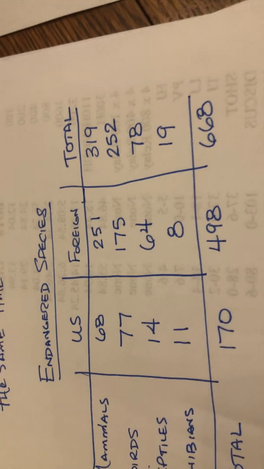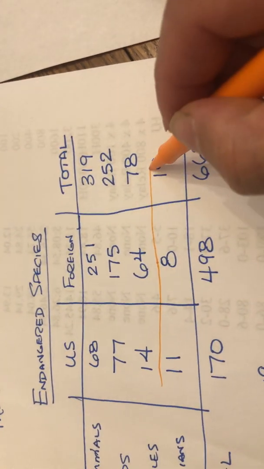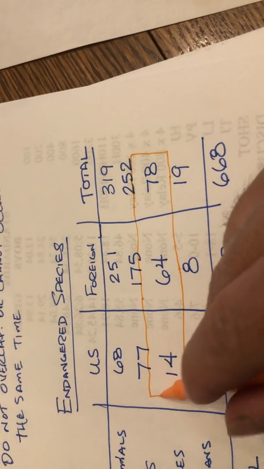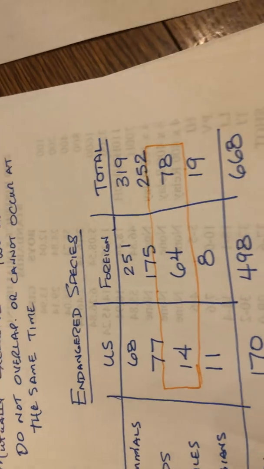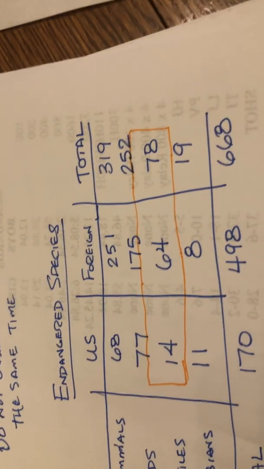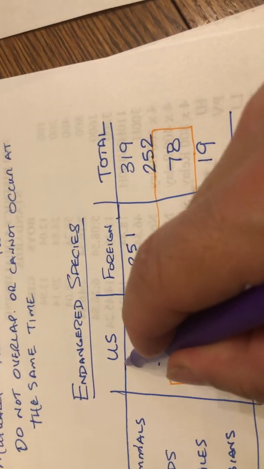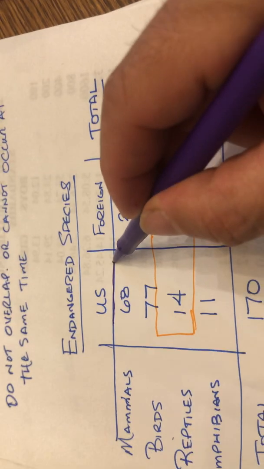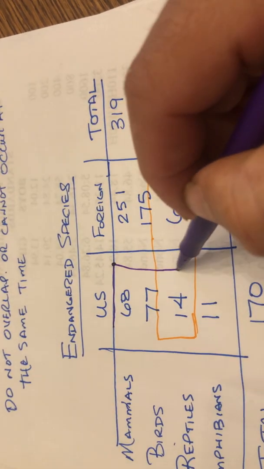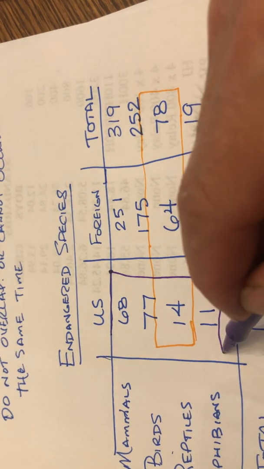14 in the United States, 64 foreign, for a total of 78. When I looked at the United States, I was counting the 68 that were mammals, 77 that were birds, 14 that were reptiles, and 11 that were amphibians.